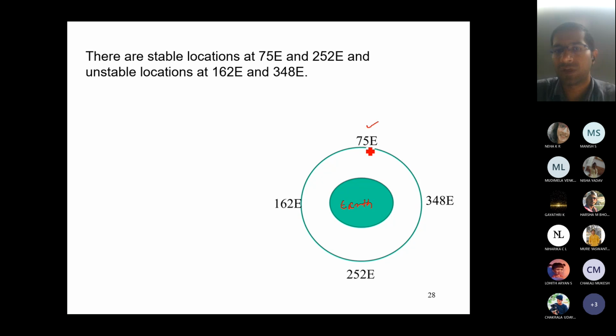these coordinates which I have represented by 75° east, 162° east, 252° east, and 348° east. So what are these coordinates? These are nothing but the longitudes, because longitudes are in east as well as west.